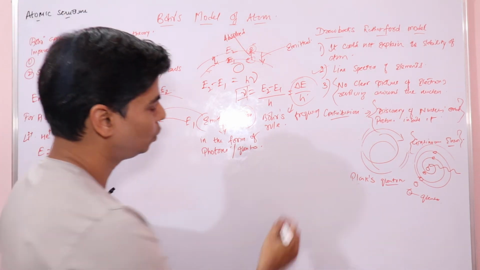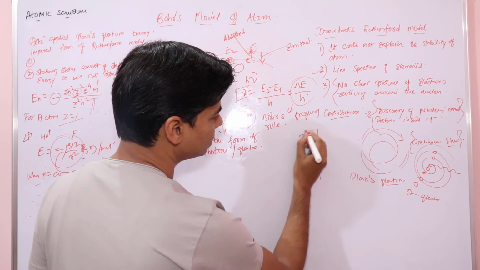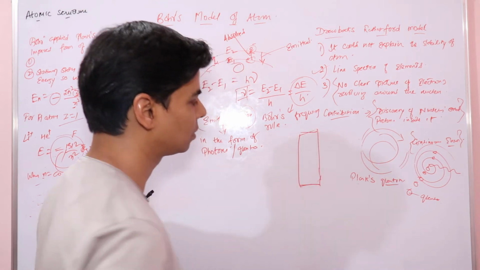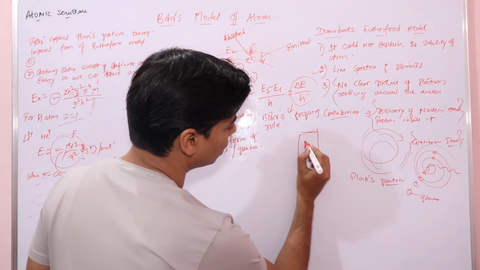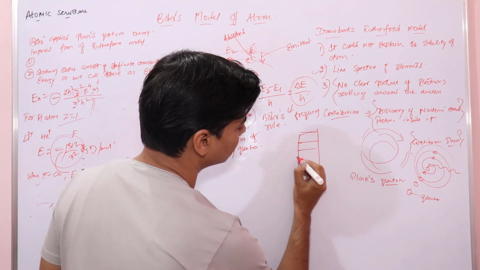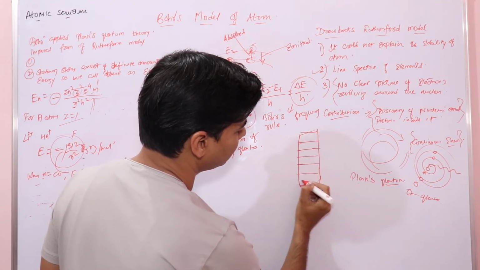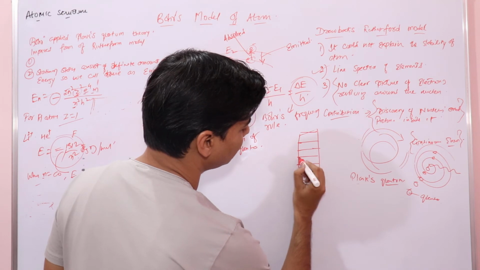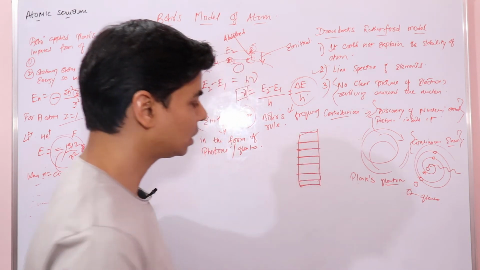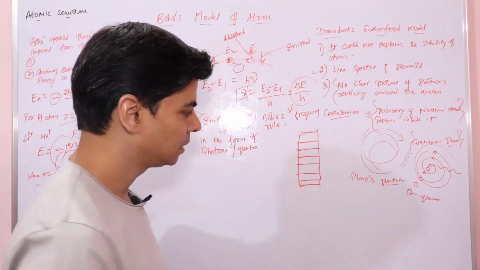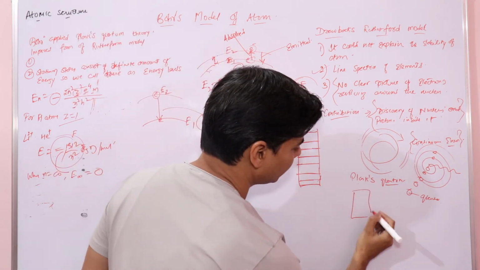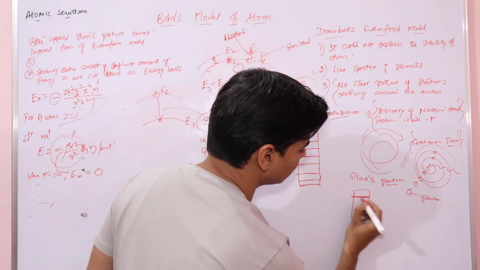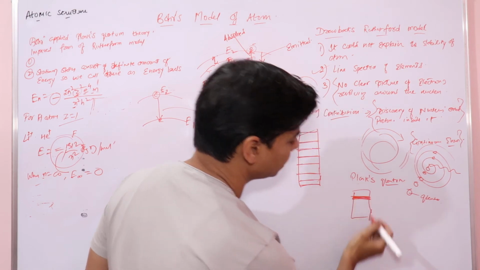If this is your photographic plate where you are receiving the spectra of elements, these are the kind of lines that you see. These are lines. This is not a continuous spectrum. A continuous spectrum is somewhat like this, with no gap.